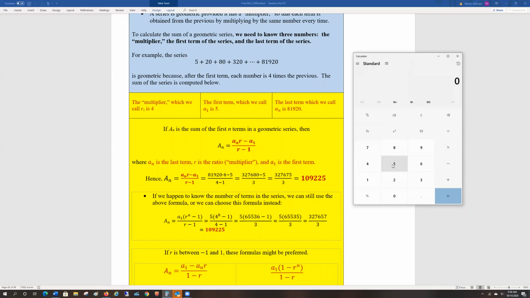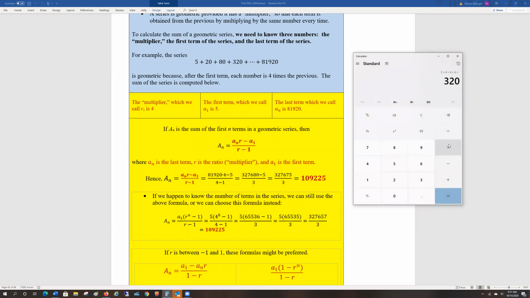I'm just going to say 5 times 4, and then I'm going to say times, and then there's your 20. 4 times 4 times, oops, that's 320. Okay, so there's 4 terms, and 81,920 is the last one. So let's see what's missing.